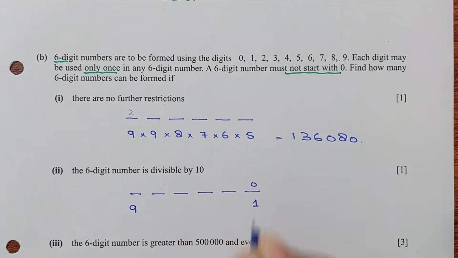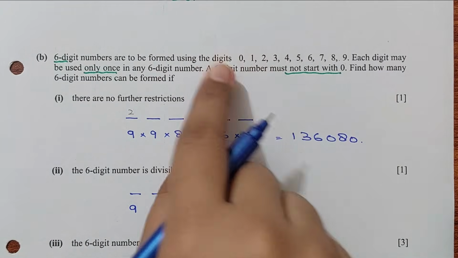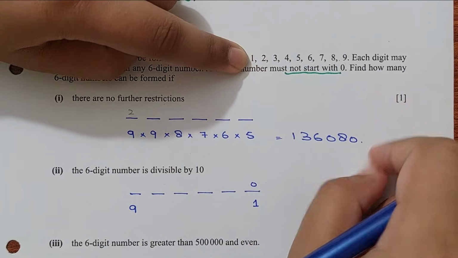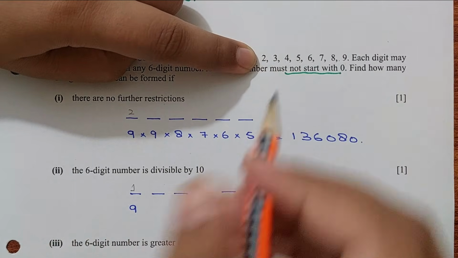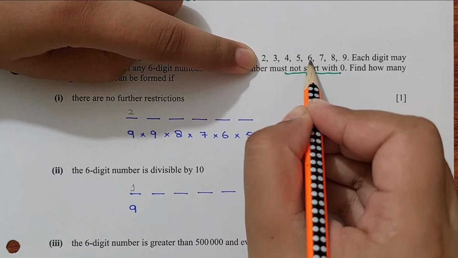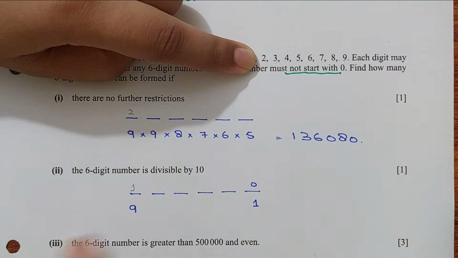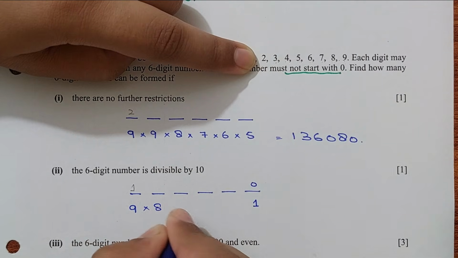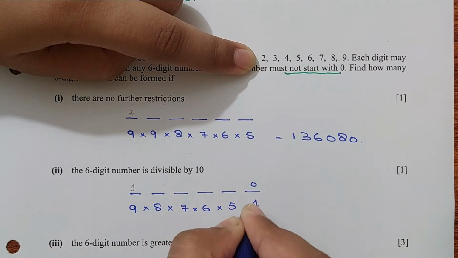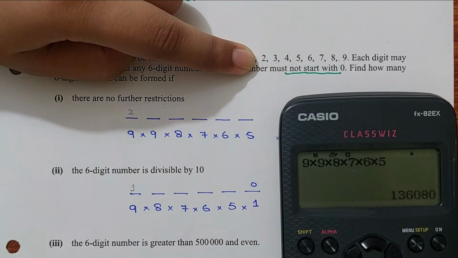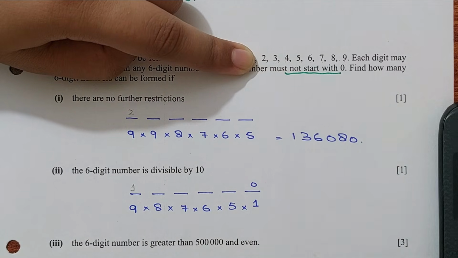We have one option for the last digit. If I use the number 1 here, how many numbers are left? We are left with 8 options, and then 7, and then 6, and then 5. That gives 15,120.